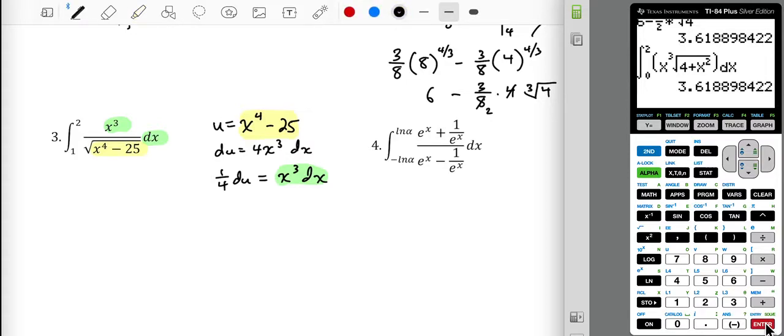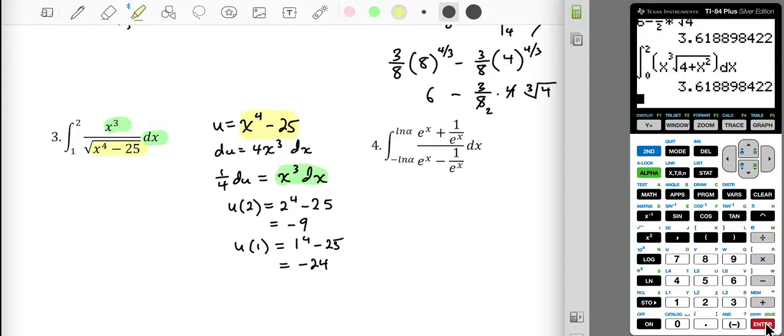The bounds, we've got to account for the bounds. So u of 2: 2 to the fourth is 16 minus 25 is negative 9. U of 1: 1 to the fourth minus 25, so 1 minus 25, negative 24. These are hideous. Let's see where this takes us.